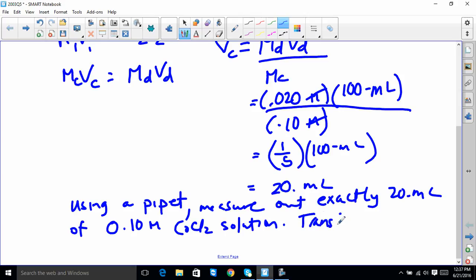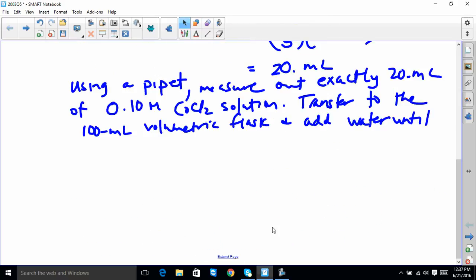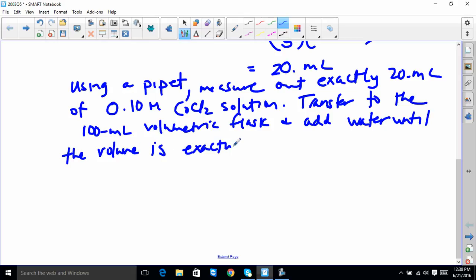Transfer to the 100 milliliter volumetric flask. And add water until the volume is exactly 100 mils. Because here's the deal.